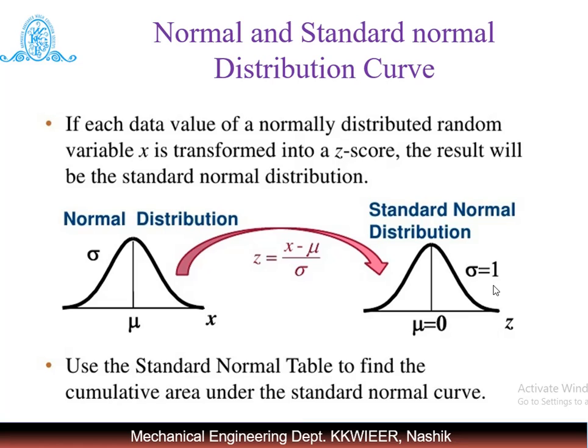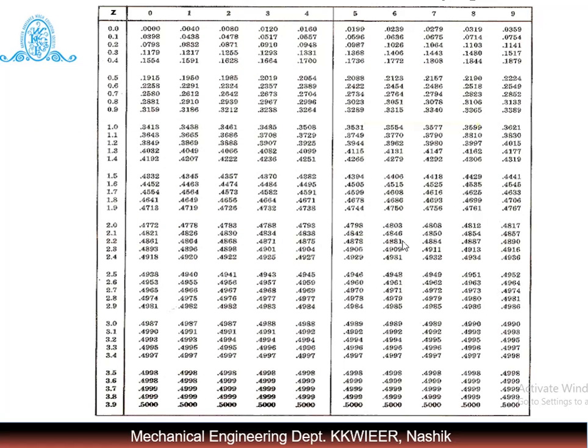Now, the use of the standard normal table to find the cumulative area under the standard normal curve. Here z is on the y-axis, and on the x-axis the values 1, 2, 3, 4, 5 up to 9 are given. Suppose the value of z is 1.25. So 1.2 is here and 5 is here, and the value of the area is 0.3944.